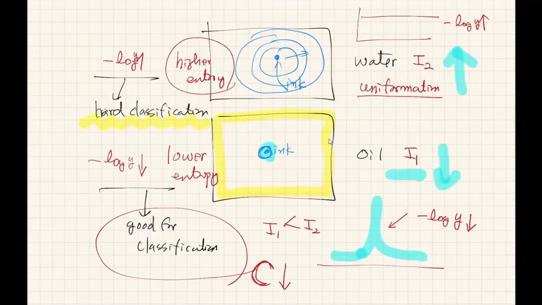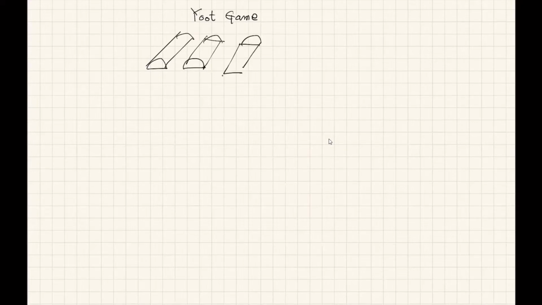Let me give you a little bit more examples, a numerical example. The foreign students may not be accustomed to this game, but I would like to explain the Yut game. In Yut, we have 4 wooden sticks.